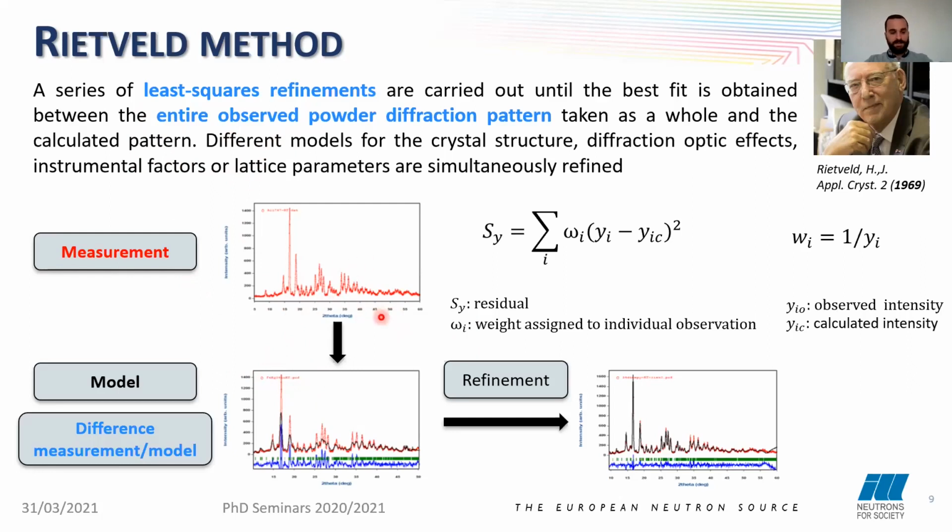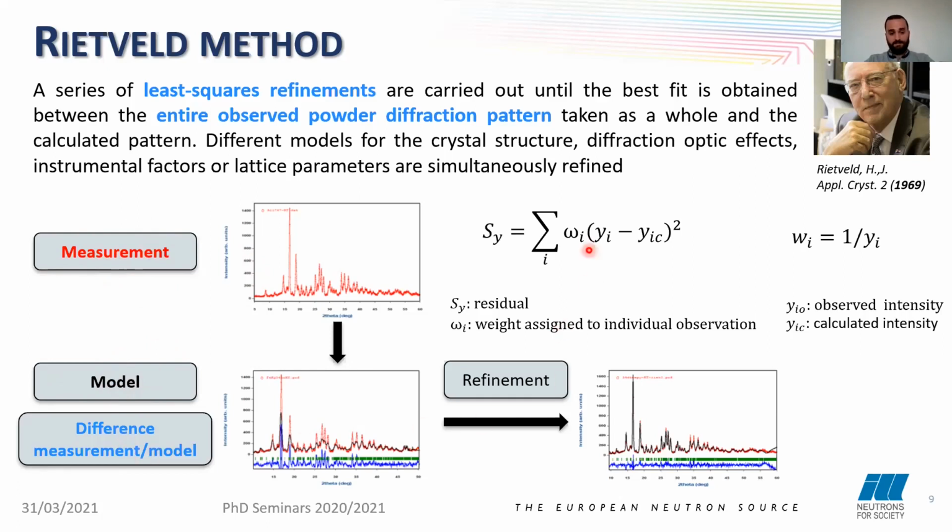And how is the analysis carried out? So first of all, the diffractogram of the static powder is collected, which can be called our measurement. And then the intensity profile is calculated as a function of 2 theta angle for a model whose structure is close to our studied material. And the goal of the Rietveld refinement is to get a calculated diffraction pattern as close as possible to the one recorded by the diffractometer.